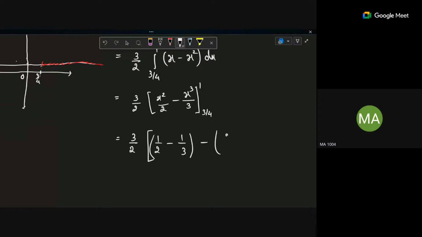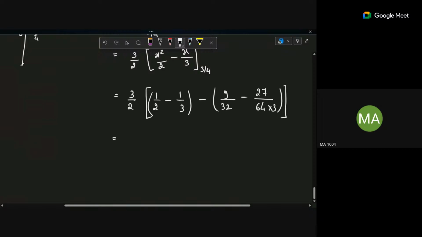So it's 9 by 32 minus 9 upon 64, which is 27 upon 64. After simplifying, 9 upon 64 will be there, because this 3 will get cancelled here.